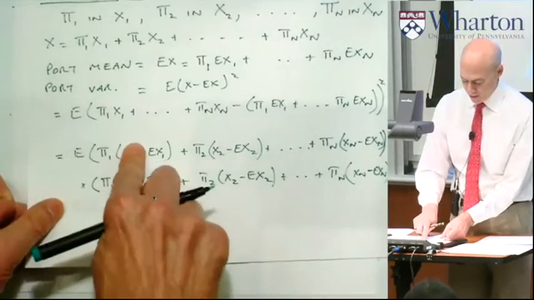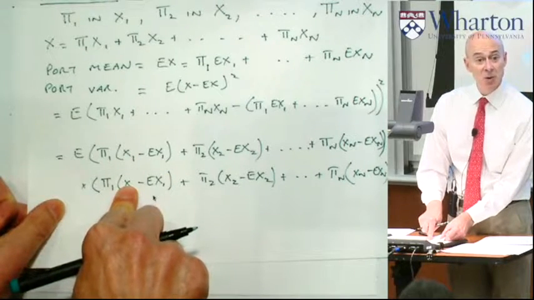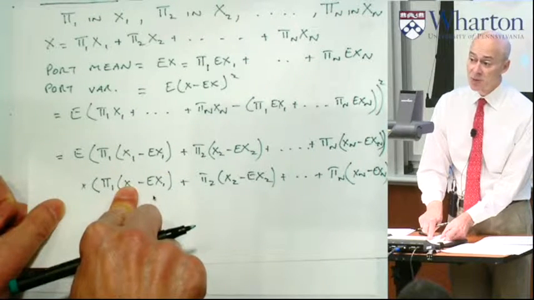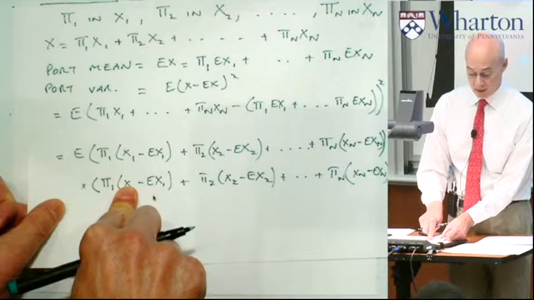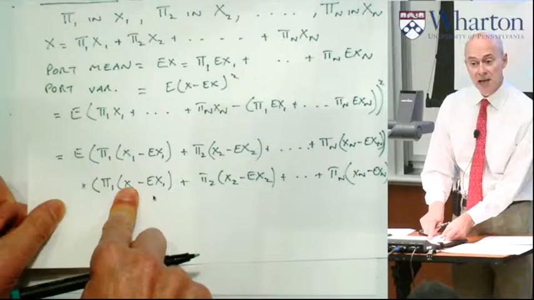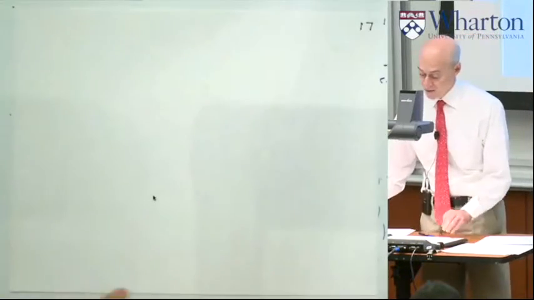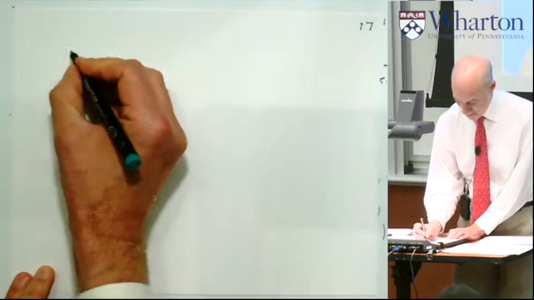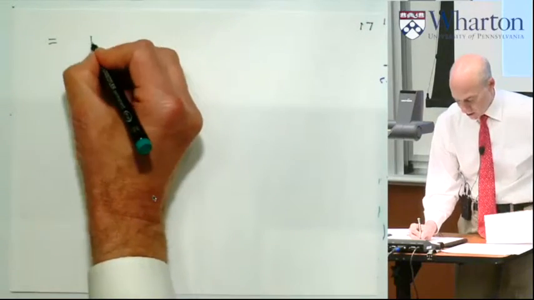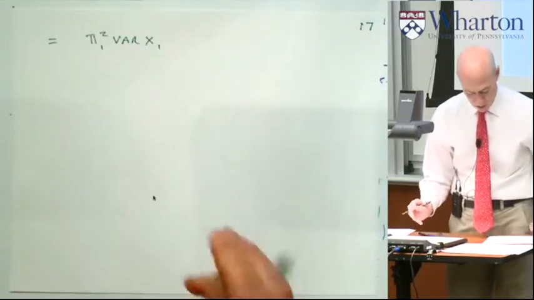Now, when we do the first term times the first term, what kind of term do we get? It's going to be pi1 squared times (x1 minus EX1) squared. That's the variance of x1. So our first term is pi1 squared times the variance of x1.